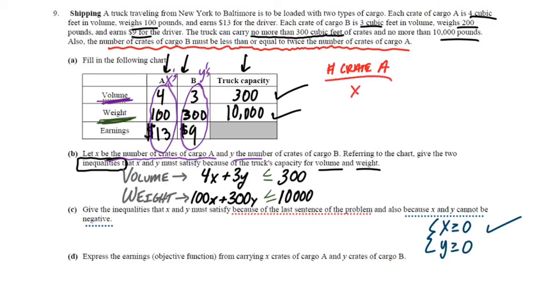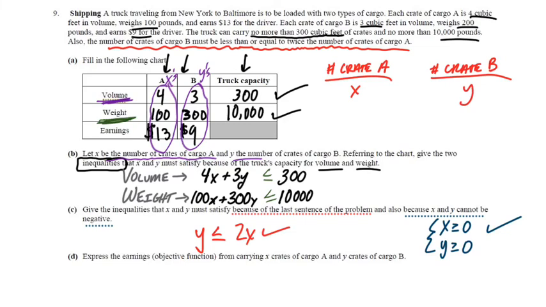And the number of crates for B, we called that Y. So this says the number of crates of cargo B, that's Y, I'm going to go ahead and write a Y down here, must be less than or equal to, I can handle that too, don't worry, I got that sign, twice the number of crates of cargo A. So I'm going to put 2x because that's what cargo A crates were represented by. So there we go. That handles the last sentence of the problem.